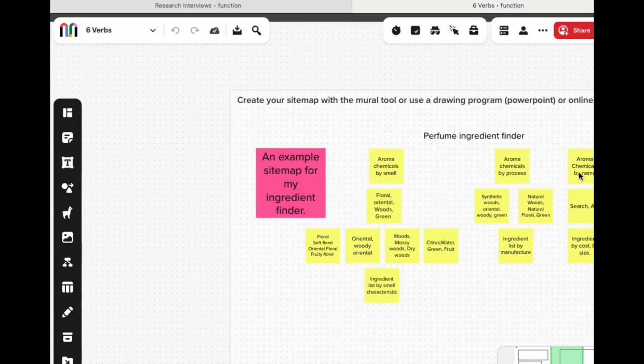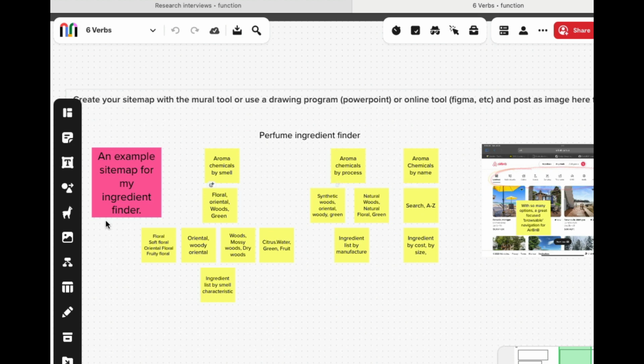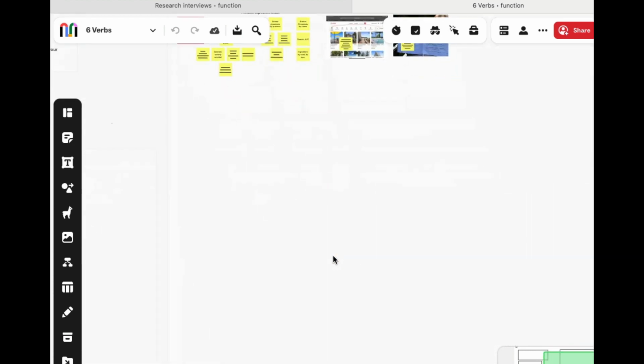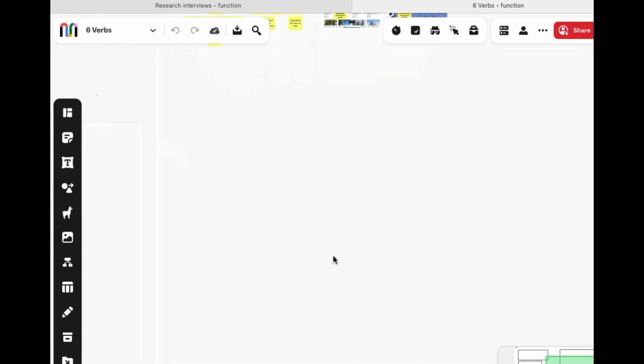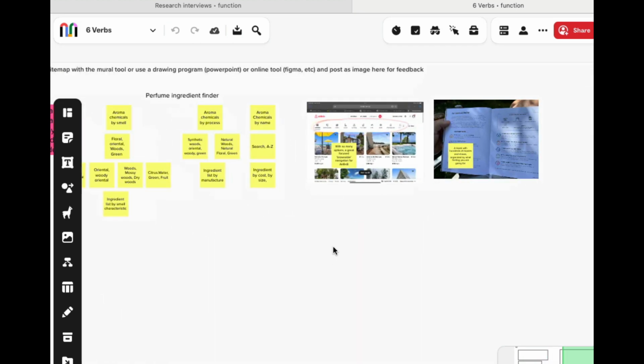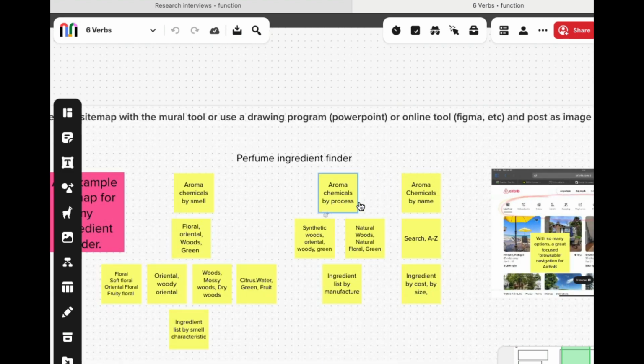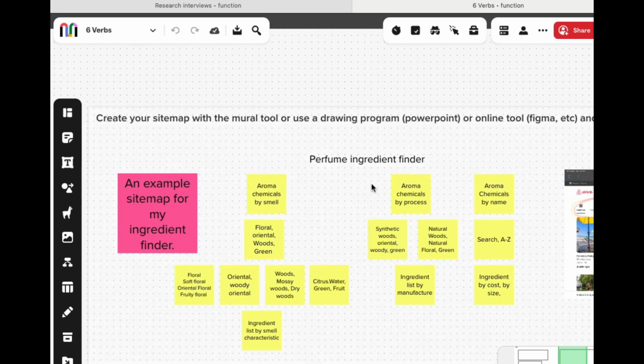Then we're going to make ourselves a sitemap. I just did it here, and it is pretty large, but we've got a lot of room here. You can do it in another program. I don't really mind. I do recommend a program called Figma, but there are other drawing programs out there. You're basically just drawing boxes. So in this case, for my perfume, I want to organize by name, by process, or by smell.